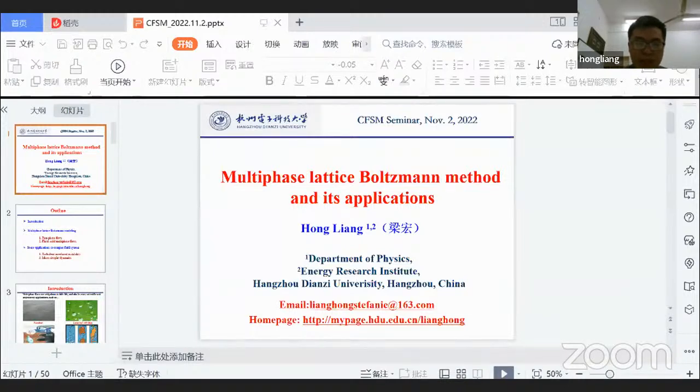The first one is the introduction, and the second one is the multiphase Lattice Boltzmann method, modeling for two-phase fluids and solid multiphase fluids. And then we will use the developed Lattice Boltzmann model to simulate complex fluid systems, mainly including turbulent interface instabilities and micro-droplet dynamics.